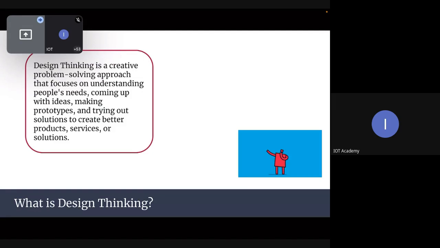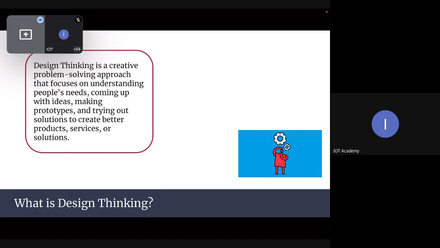So most of the time, when we're trying to solve something, we think about the problem ourselves and solve it. We do not put ourselves in the shoes of the user whose problems we are trying to solve. So design thinking is a process that helps you do that, understand the pain points of the user to solve the problem in a more systematic and logical manner that will provide the user with solutions that are viable.